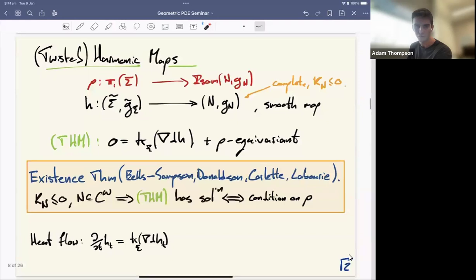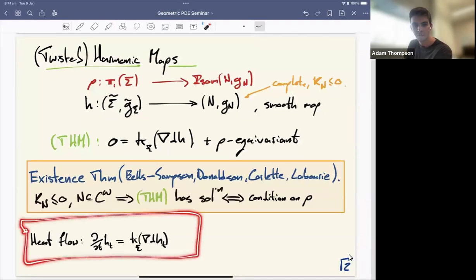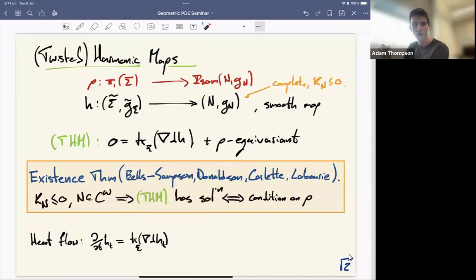As I said before, the proof is by a heat flow method. I start with an arbitrary rho equivariant map, and then I try to deform it to get something that satisfies this harmonic map equation.